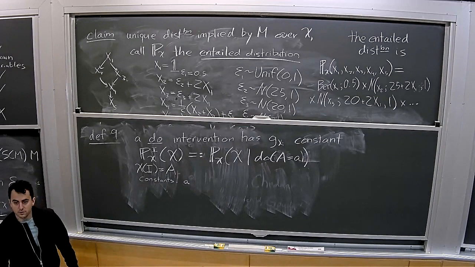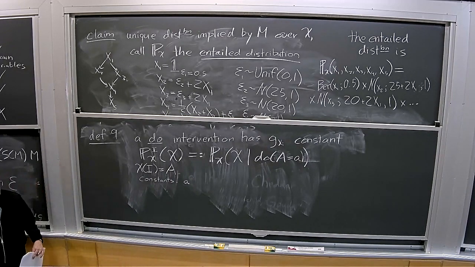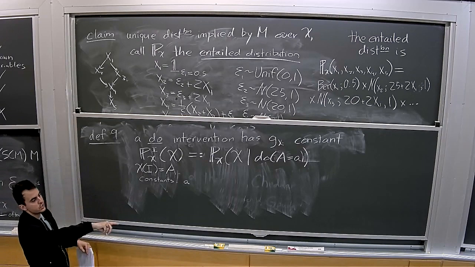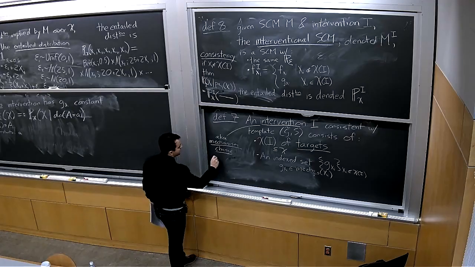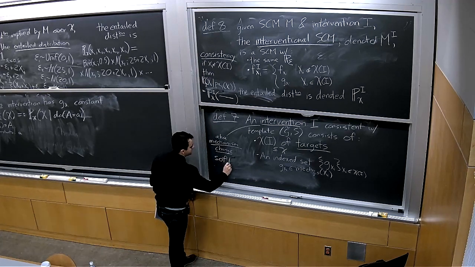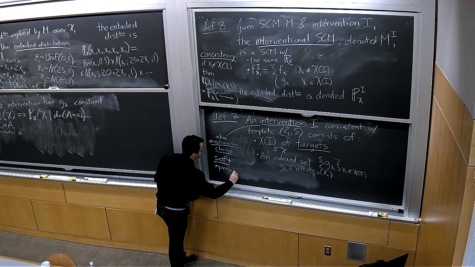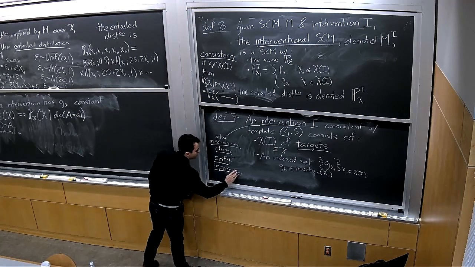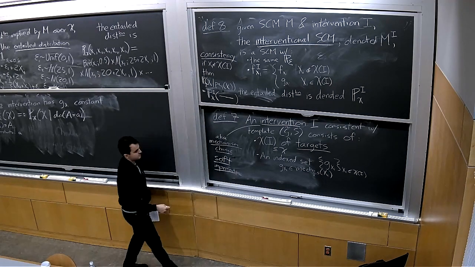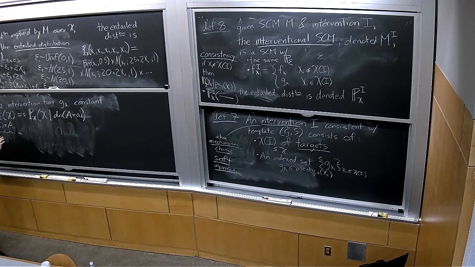Another special type of intervention is somewhere in between and our most general definition. We might also call the general one a soft or an imperfect intervention, to emphasize the fact that it's not one of these special types.